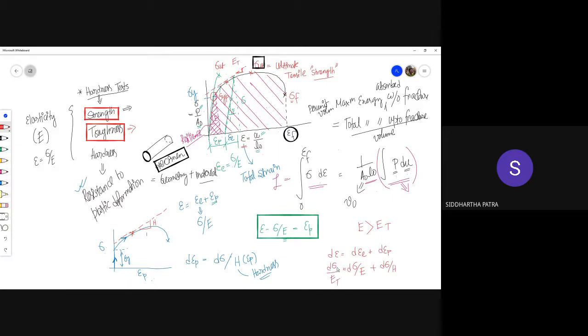Now the numerator is the same for all three terms, so eventually you get the following expression for Et, which is E times H divided by E plus H, which can be further modified to show that Et is Young's modulus E times H divided by E, over 1 plus H divided by E. Sorry, I made a mistake.